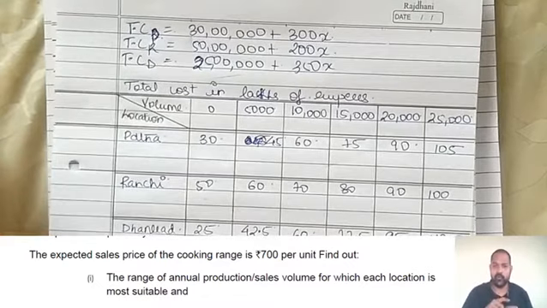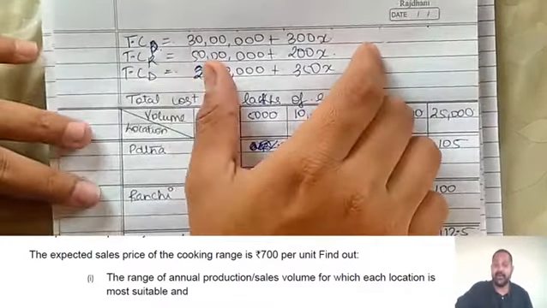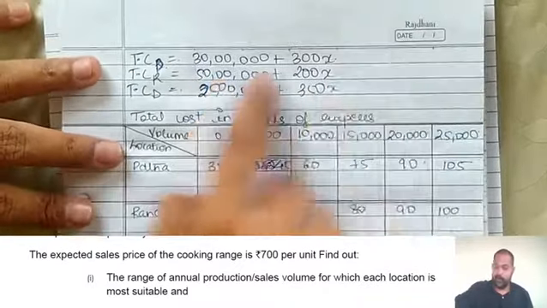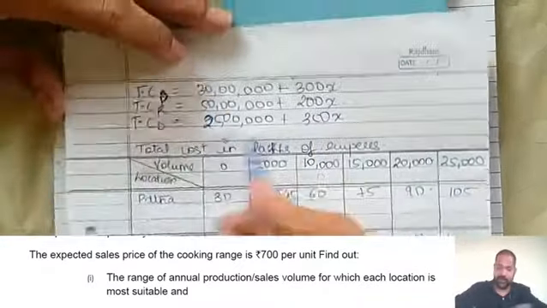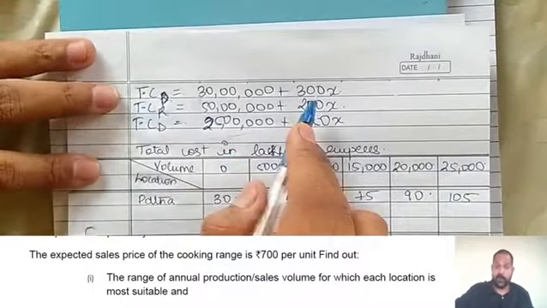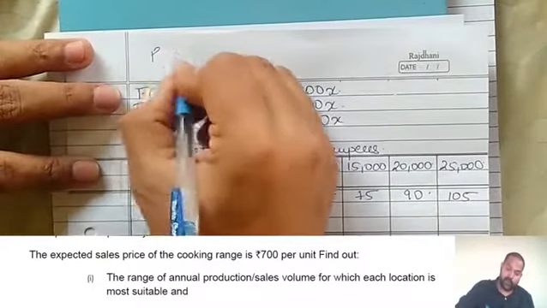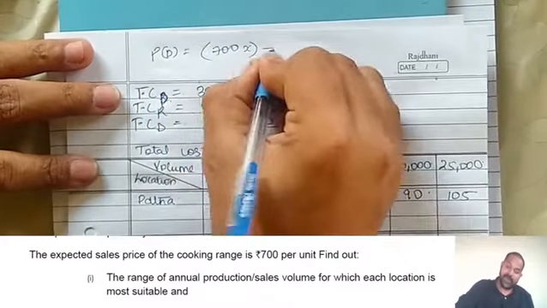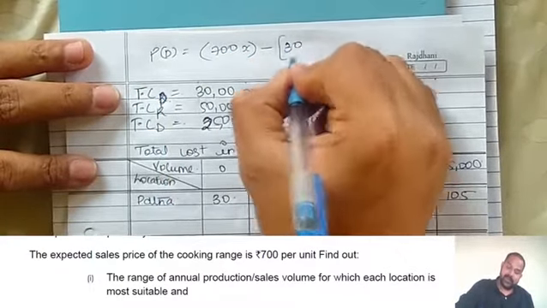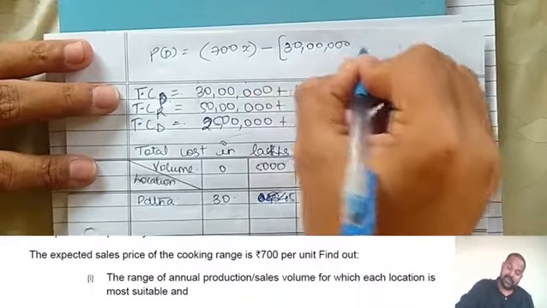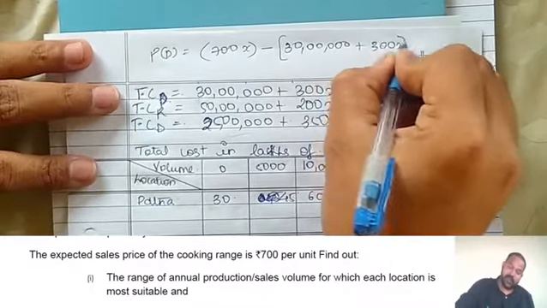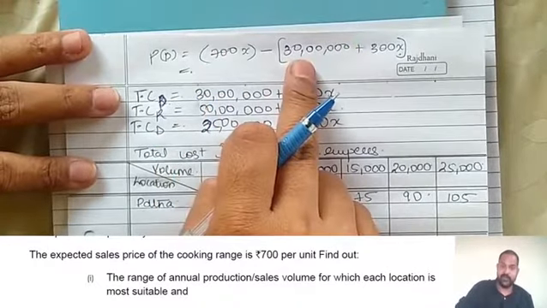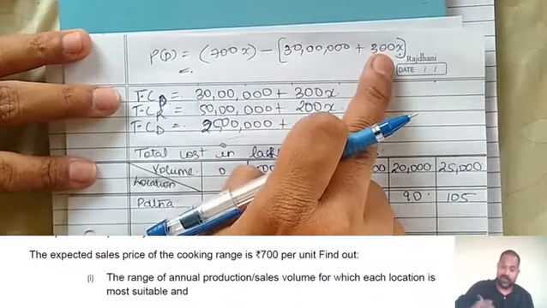Or you know what I would do? I would create a profit curve. How would I create a profit curve? My profit curve here would be, I'm writing it for you as an example. The total profit for Dhanbad would be 700 into X minus the 30 lakh plus 300X, which would be, when 700 enters inside, this becomes negative and 700 minus 300 is 400.